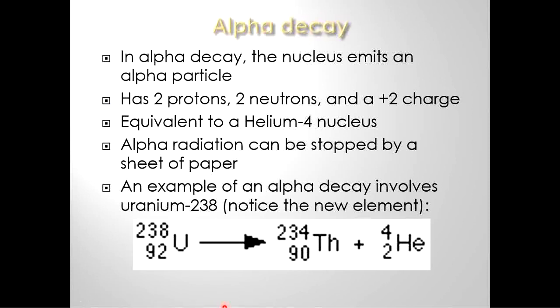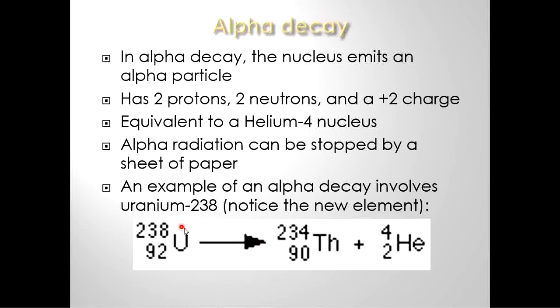This is an example of an alpha decay. So uranium-238 goes through alpha decay, and look at what happens to the element. First we had uranium. Do we still have uranium on the other side? No, because as uranium goes through this alpha decay, remember, a nuclear reaction means a change in the nucleus, which means a change in protons and neutrons.